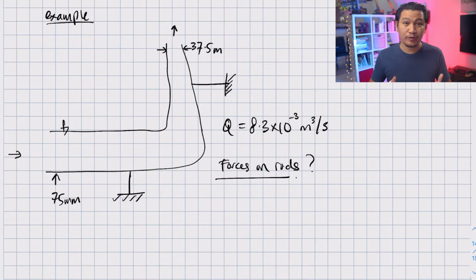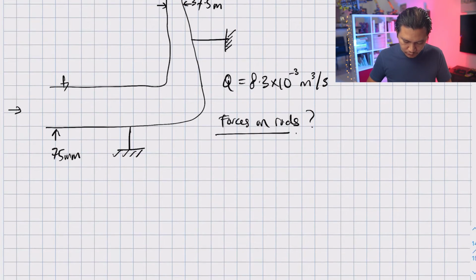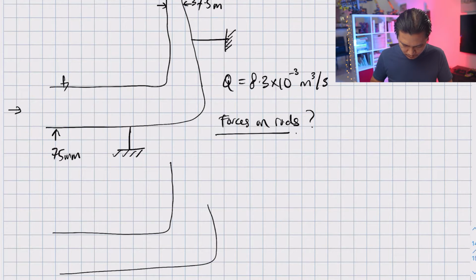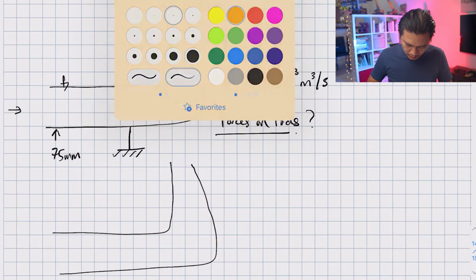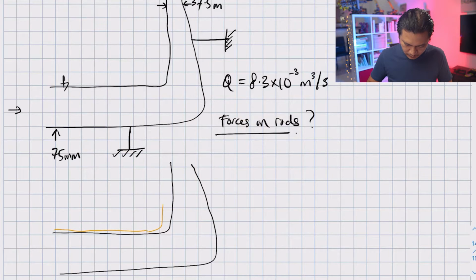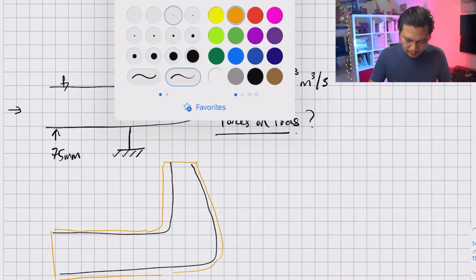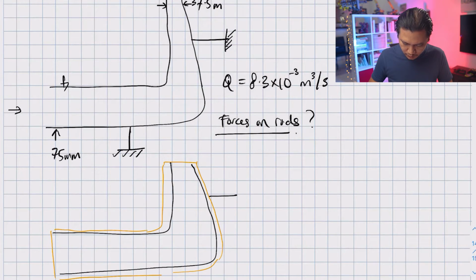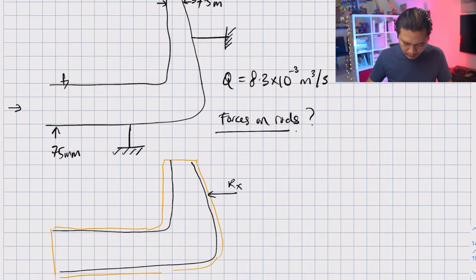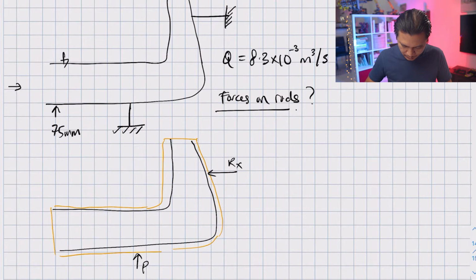So the first thing I'm going to do is draw the control volume of this problem. The control volume looks almost similar, and my control volume will be in orange. So this is my control volume. And what I have here are the forces of the rod. So this is Rx, and let's call this Ry.